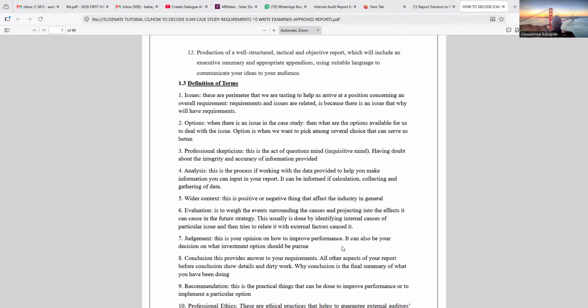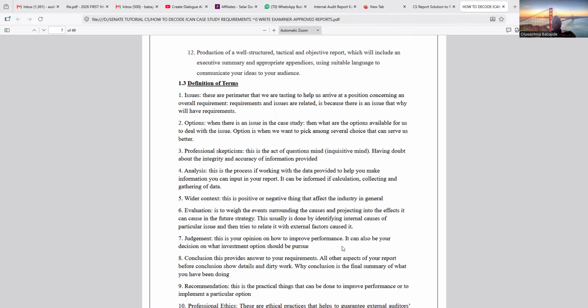For example, let me give you a particular example of an issue. When you are given a case study of a phone industry, and they say the phone caught fire, you begin to see that, due to one of the things they are doing in the manufacturing process, the phone caught fire. What are the issues there? The phone caught fire. There are issues, and you begin to ask how they treated it and how they attended to it.